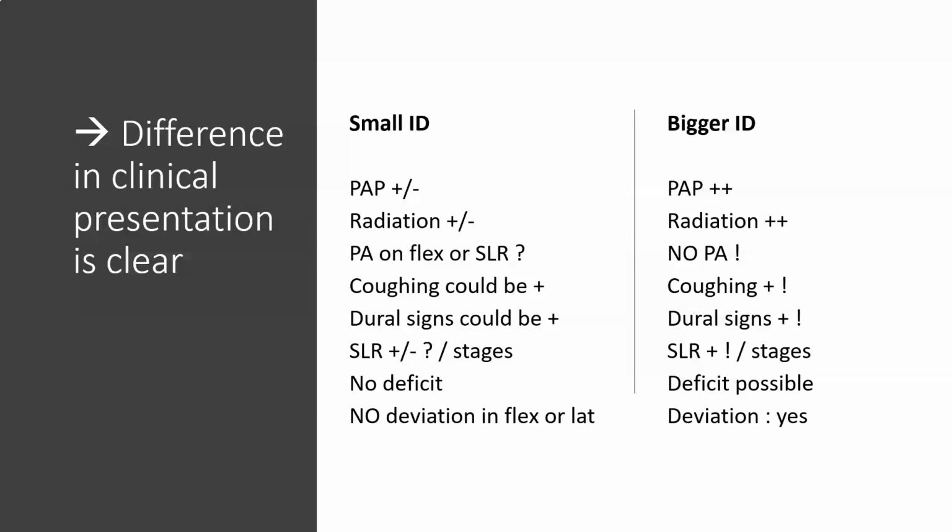With a smaller protrusion, it could be. And the same applies for the dural signs. Yeah? We do the straight leg raise and then accessory neck flexion, or we do the flexion in standing and accessory neck flexion. With the bigger internal derangement, we must have dural signs.